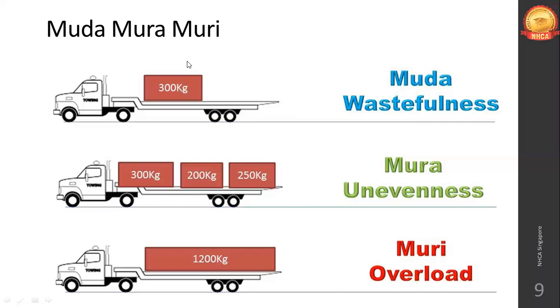So the ratio is in such a way that staff will definitely be overburdened by the sheer amount of work they have to do for the population that they have to tend. It is an uneven workload. It is an overload of work. That is Muri. These are the three Japanese terminologies. You should know this.